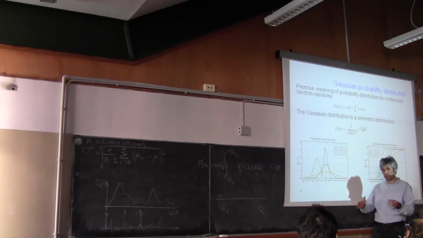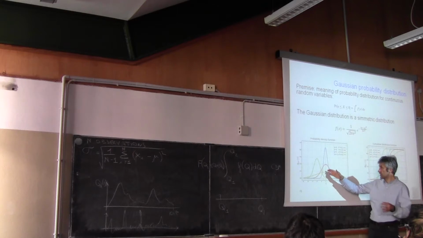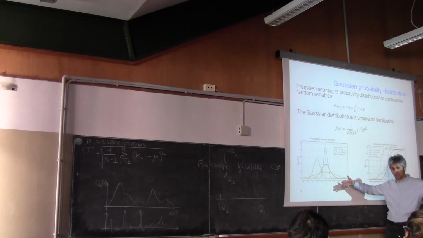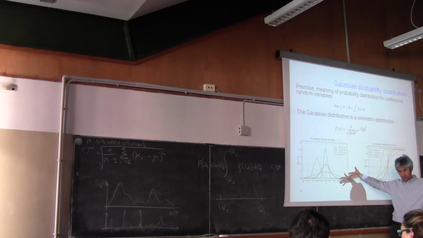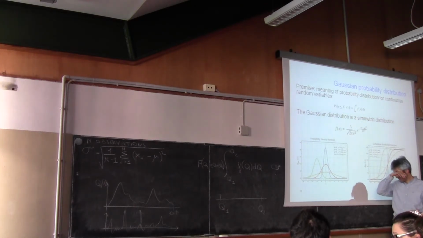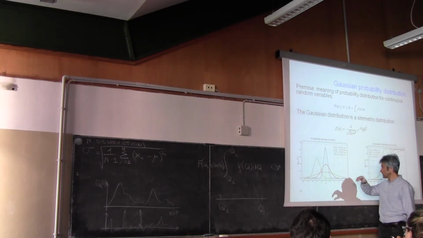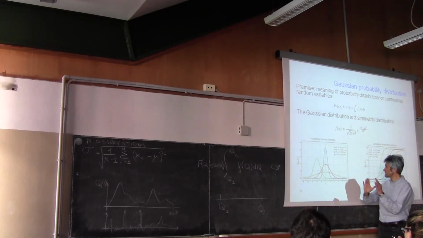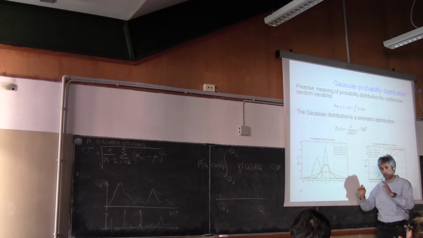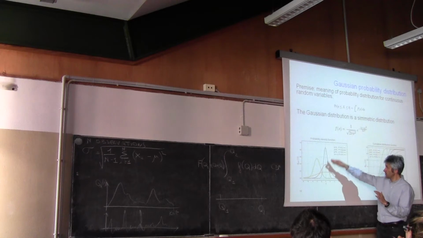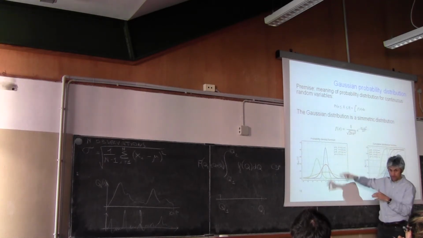For increasing standard deviation, the curve becomes fatter, larger. And if you reduce the standard deviation, then your curve gets thin and spiked.